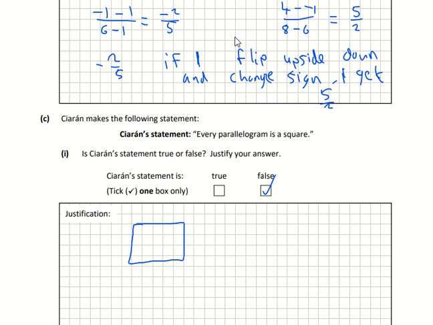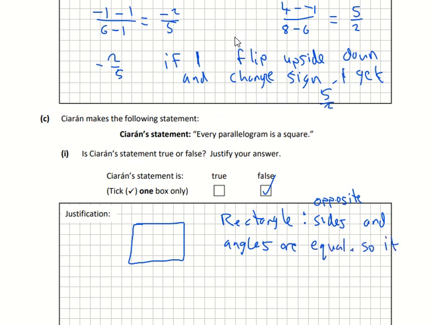A rectangle has opposite sides and angles equal, so it is a parallelogram, but it is not a square.